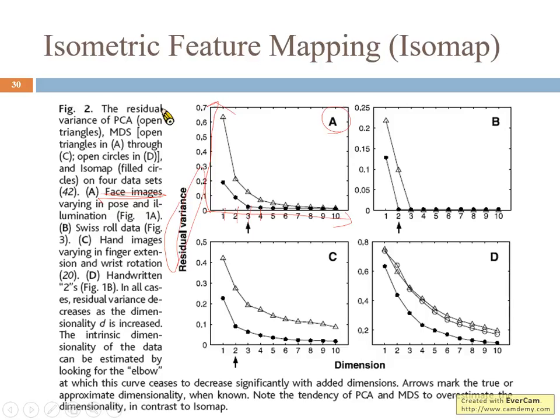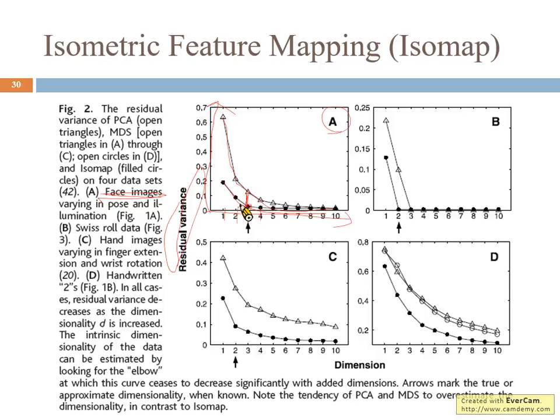Here, the curve with open triangles is PCA. The curve with solid circles is ISOmap. So here we can see that if we map the data into 3-dimensional space, the projection error will be largely reduced if we use ISOmap. And here is the difference between PCA and ISOmap.